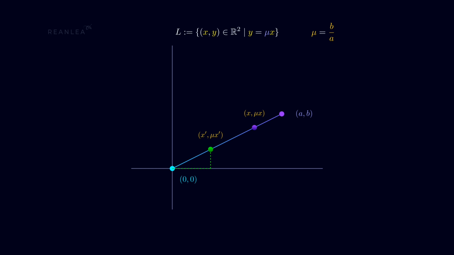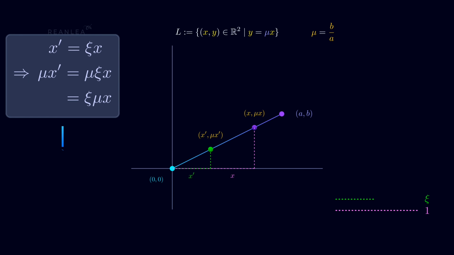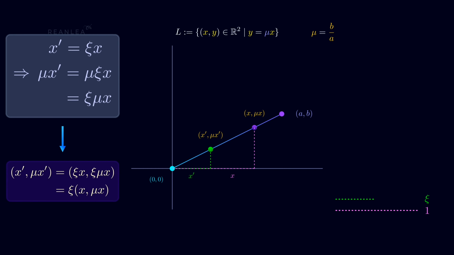Here x dash and x are on the same x-axis, and that's why x dash can be expressed as xi times x, which implies mu x dash is mu xi x, which again can be expressed as xi times mu x. That's why (x dash, mu x dash) can be expressed as (xi x, xi mu x), that is xi times (x, mu x).